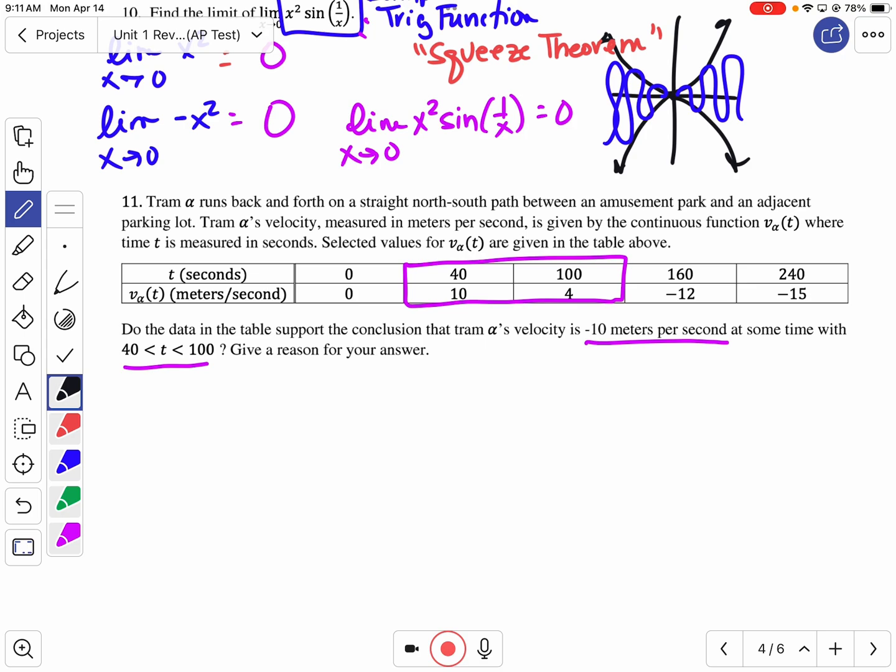So this time we would say no. It asks, does it support it? We would say no. And then we have to say why, when we give a reason.